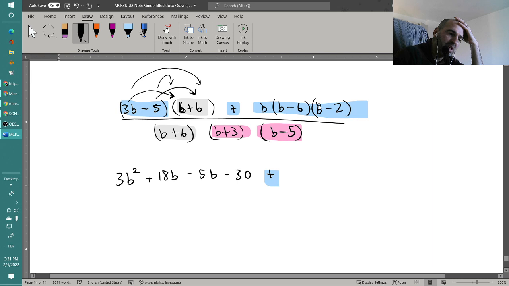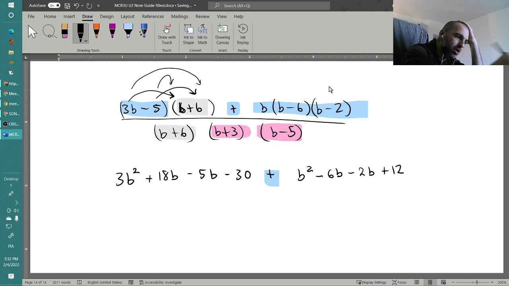So b times b is b squared, all right, minus 6b minus 2b plus 12, okay? Then there was also this b here that needs to be multiplied in.